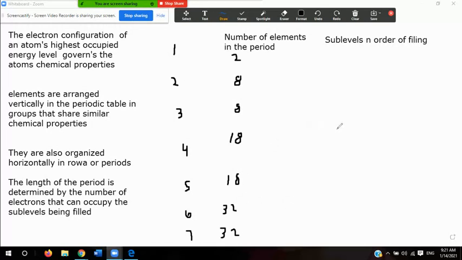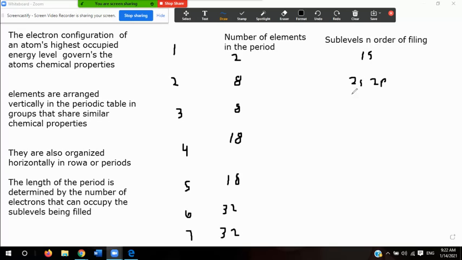hydrogen and helium to be specific, fill up the sublevel that is basically the 1s. Period 2, you fill the 2s and the 2p sublevels, respectively.